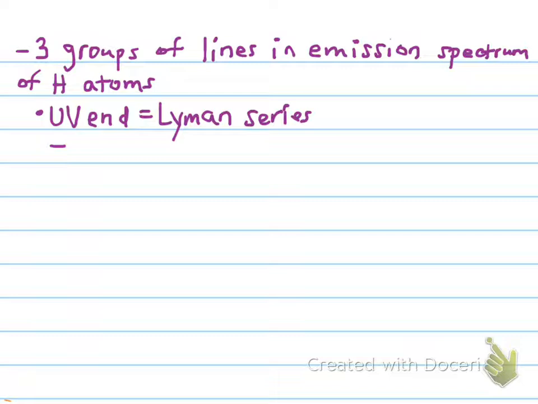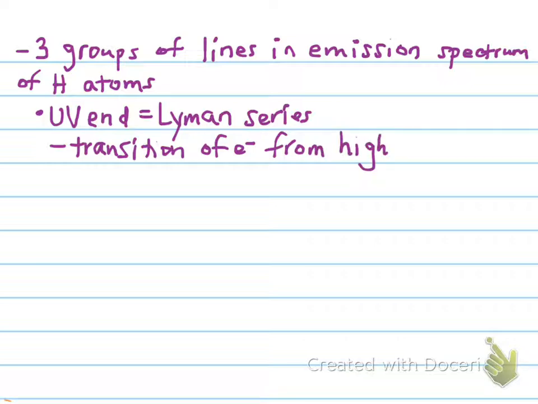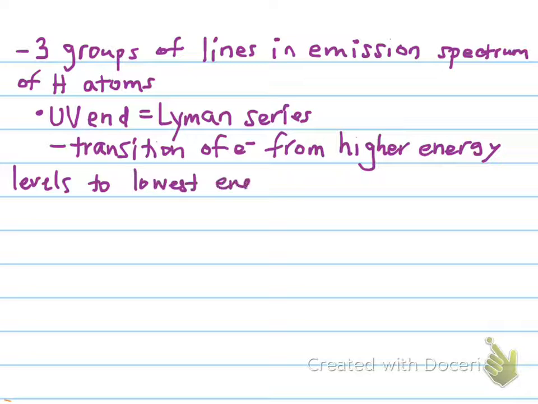So in the Lyman series, the transition of the electron is from higher energy levels to the lowest energy level, n equals 1.